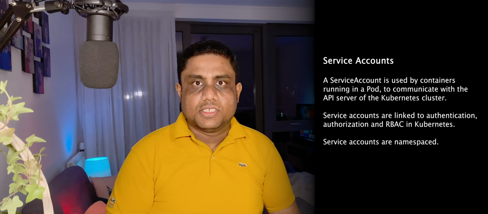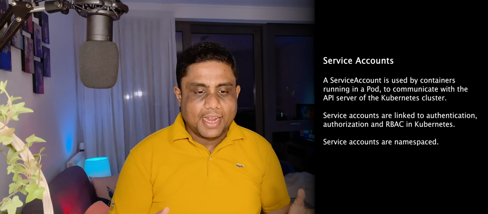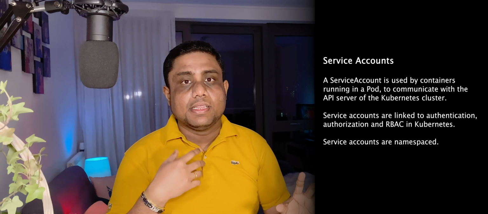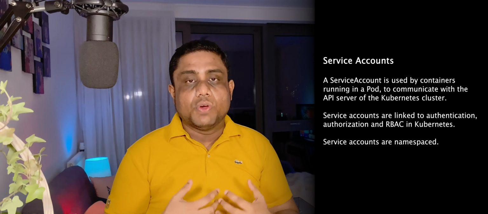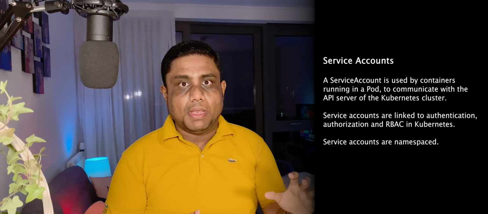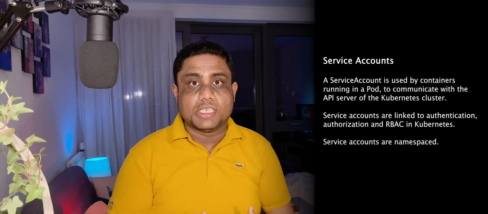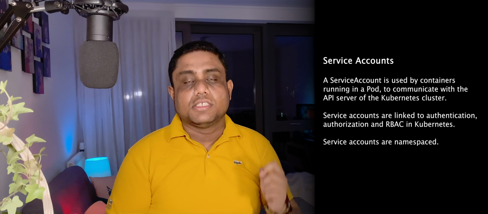Service accounts are linked to authentication, authorization, and RBAC in the Kubernetes cluster. User accounts are used by humans, but when you want to assign permissions to machines or an application to perform some task within the Kubernetes cluster, you will use service accounts.